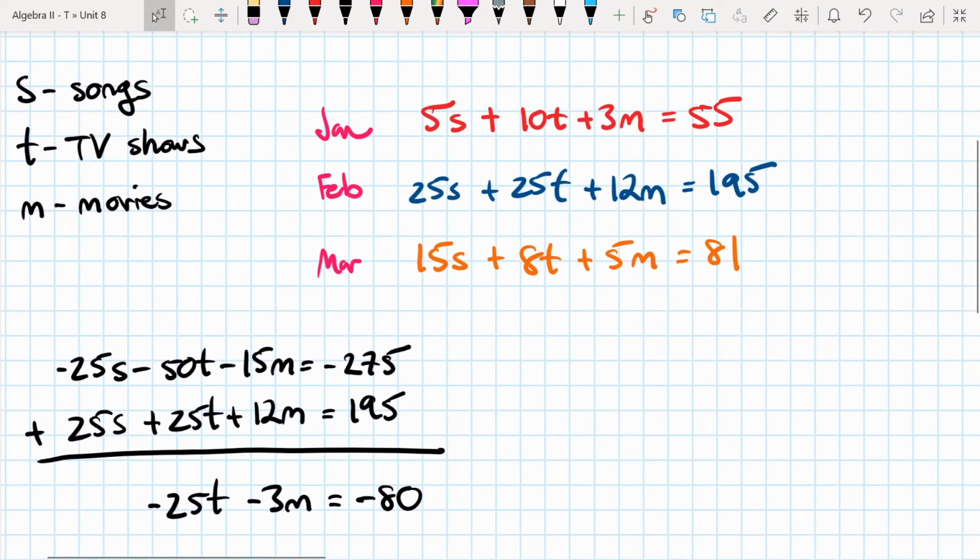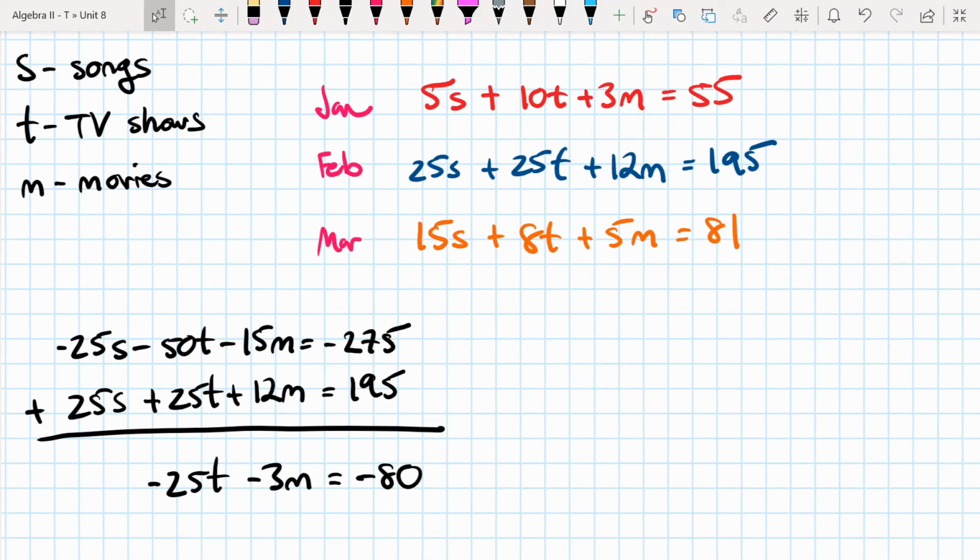Let's get the second equation with 2 unknowns. And we're going to take the first equation and the third equation and multiply the first equation by -3. So again, we're going to be eliminating that s term. So -3 times this whole equation here. So -15 times s minus 30 times t minus 9 times m equals -165.